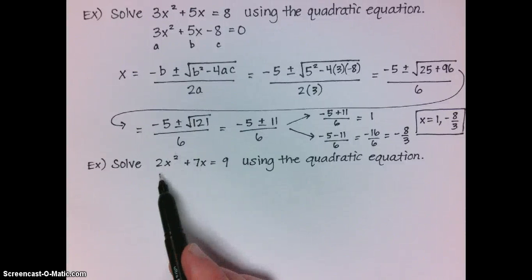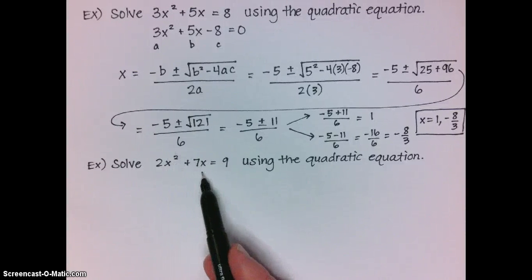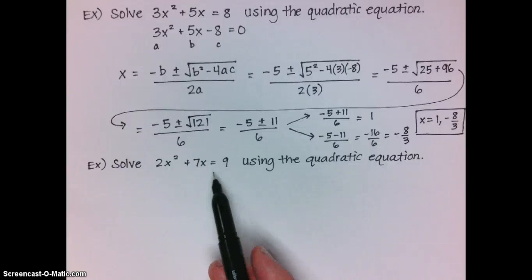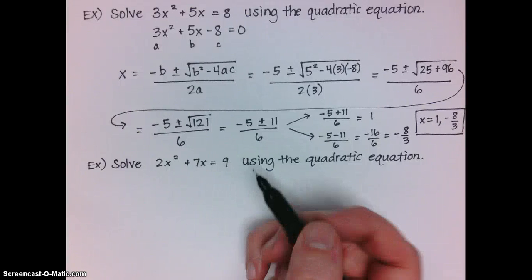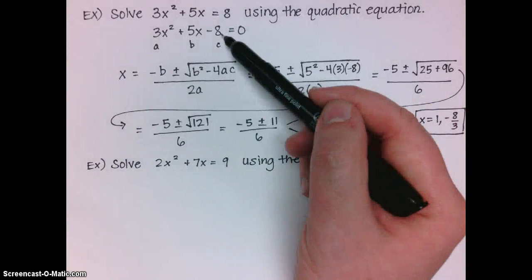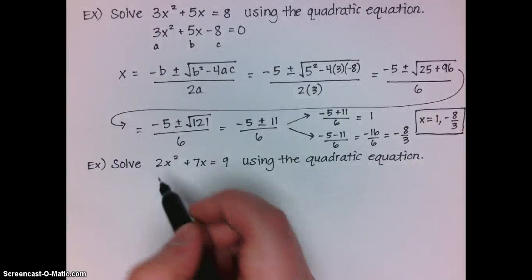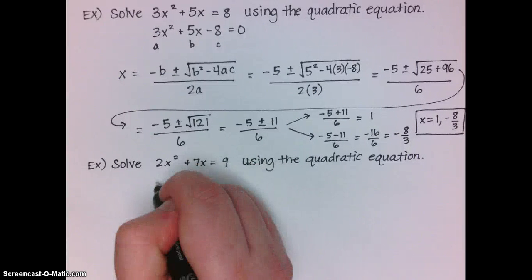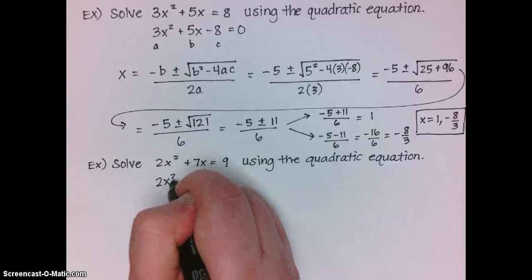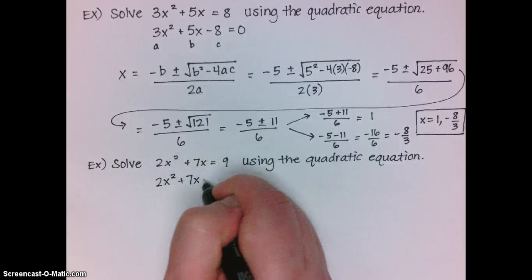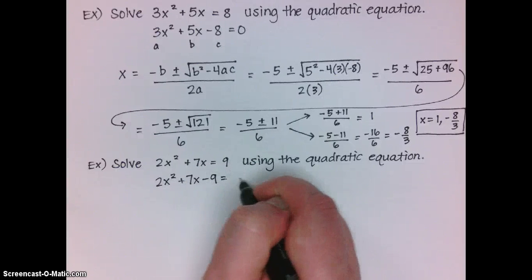We're going to solve 2x squared plus 7x is equal to 9. Like I had before, what I had to do was move the right-hand side so that it was set equal to 0. So I'm going to subtract 9. So I'm going to rewrite it: 2x squared plus 7x minus 9 is equal to 0.